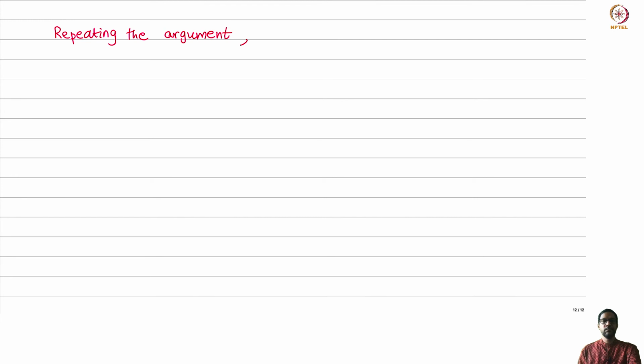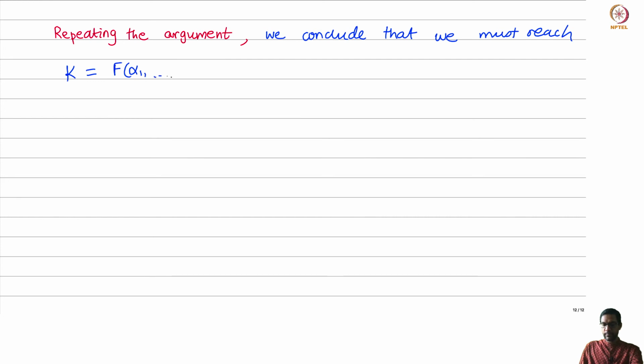Okay, for the same reason, because you now pull out both x minus alpha 1 and x minus alpha 2. Okay, so repeating the argument, here's what we conclude. We conclude that we must reach K, which is the entire splitting field, in at most n steps.